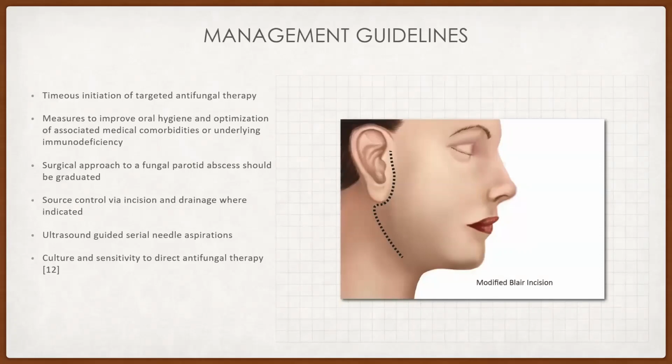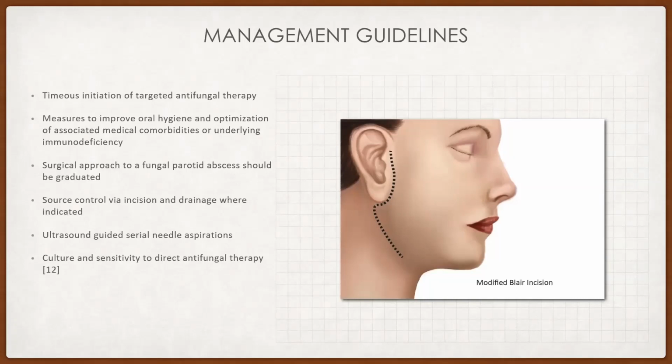The management guidelines include timeous initiation of targeted antifungal therapy as well as a high index of suspicion. Surgical approach to a fungal parotid abscess should, however, be graduated. Source control via incision and drainage is only necessary when indicated, and ultrasound-guided serial aspirations can be done in an acute setting if the patient is not acutely unwell.